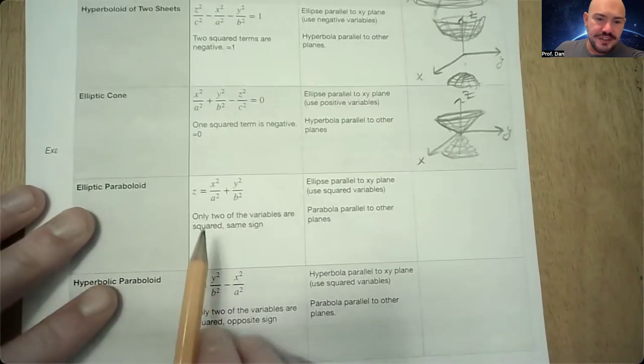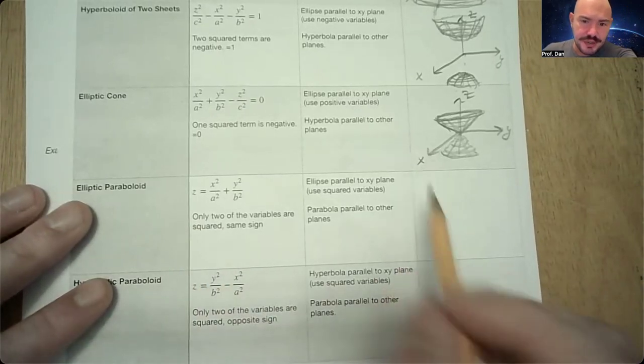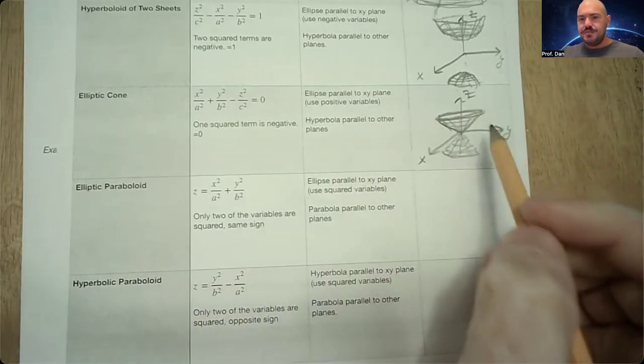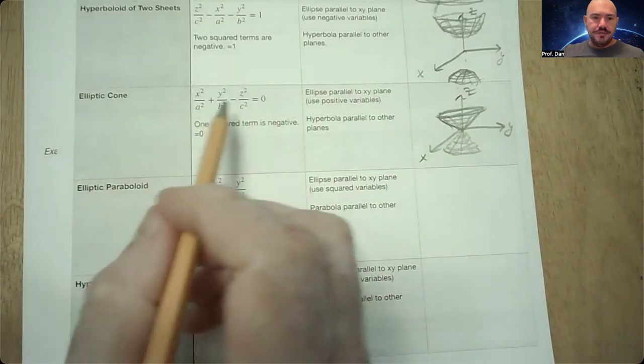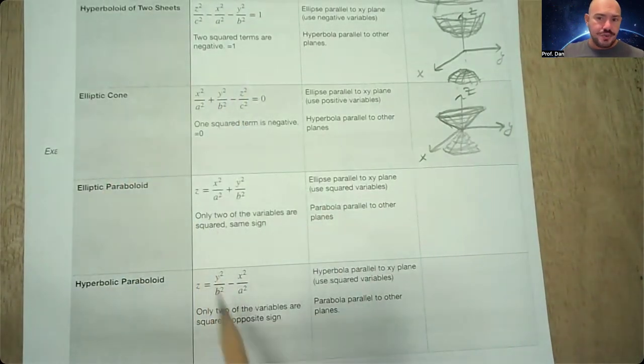So similar idea here, since z is the non-squared term, when we draw these out, the paraboloids are going to be going along the z-axis, right? But you have to keep in mind that that can change, right? The orientation of these could be different depending on which terms are negative or positive or not squared, right?